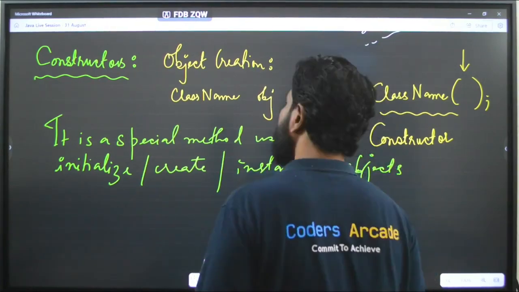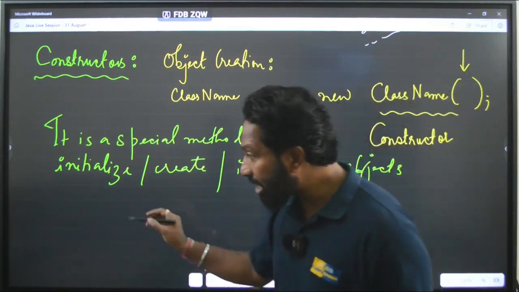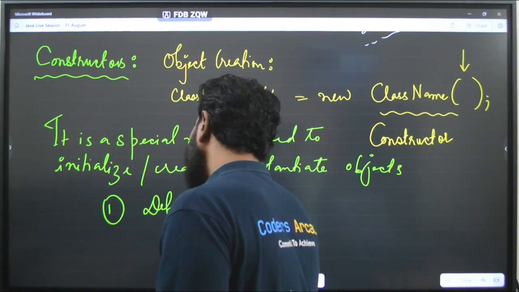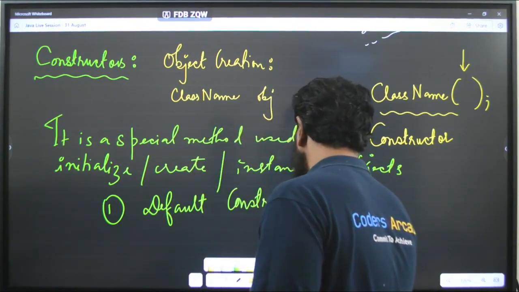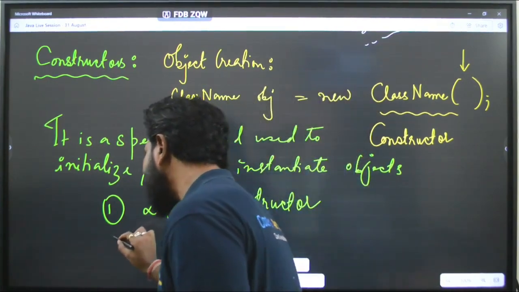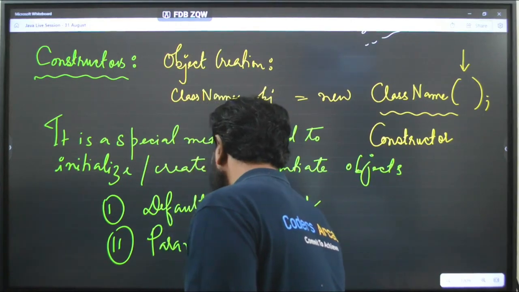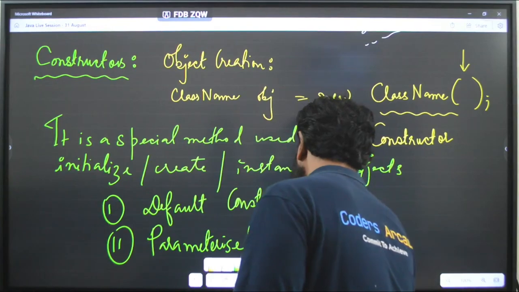Got it? Now the types I already told you. You remember the types? The types were, the first one is default. The second type, parameterized constructor.